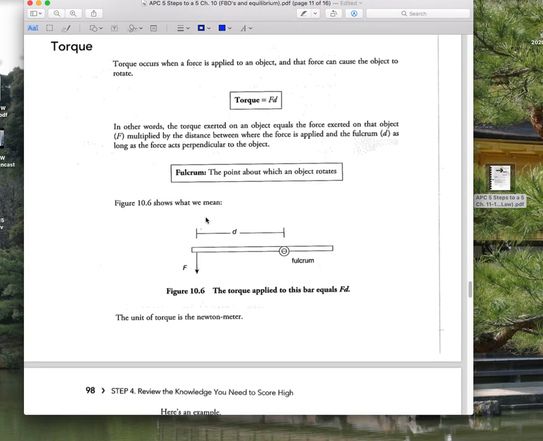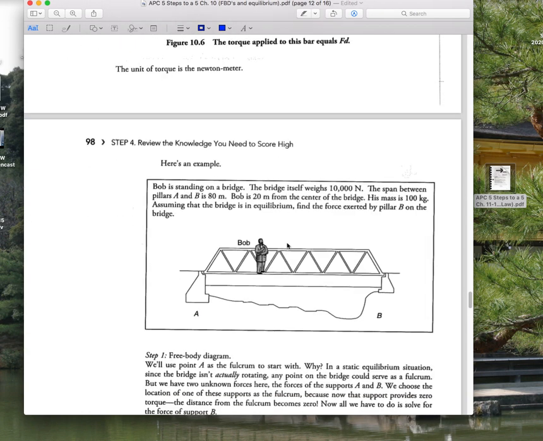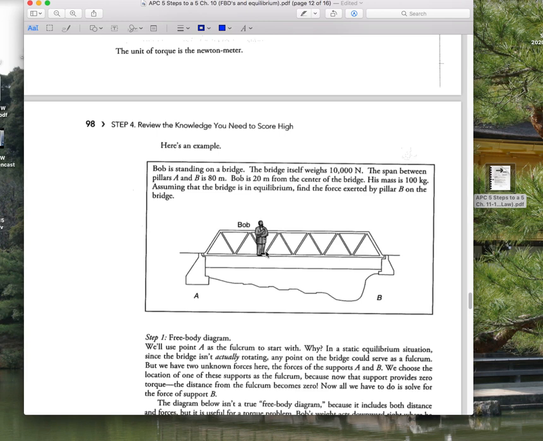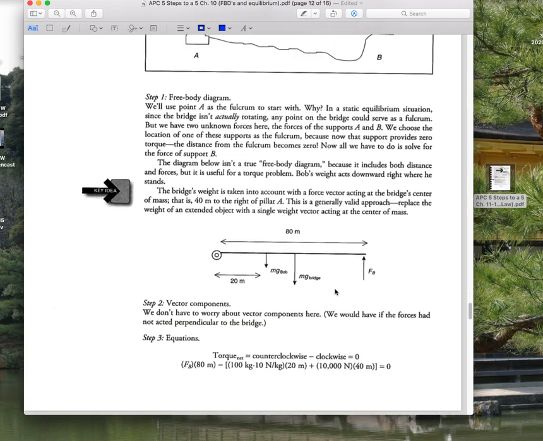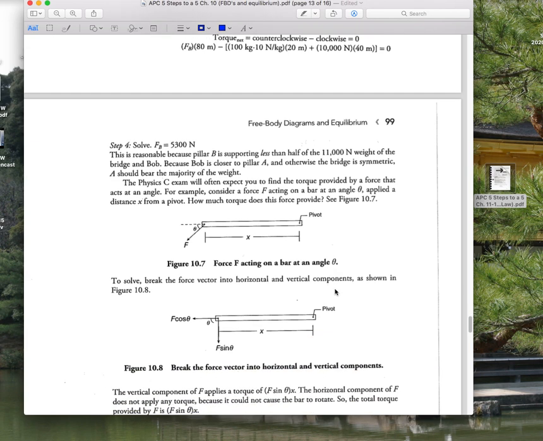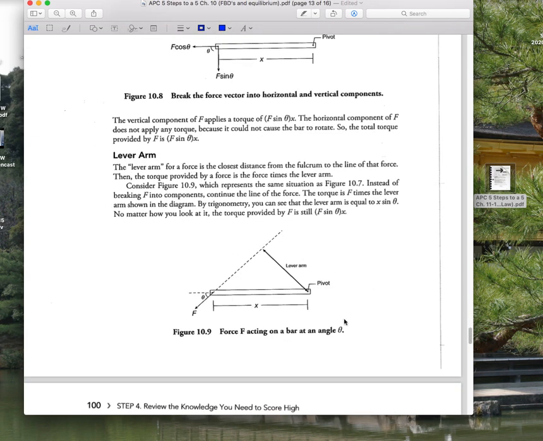Free body diagrams for things that rotate. Fulcrum is here. You've got a person, Bob, not on the center of the bridge. I think this is pretty good. This lever arm, I think, is a tougher concept. I like to think about figuring out forces like mg sine theta or F sine theta.